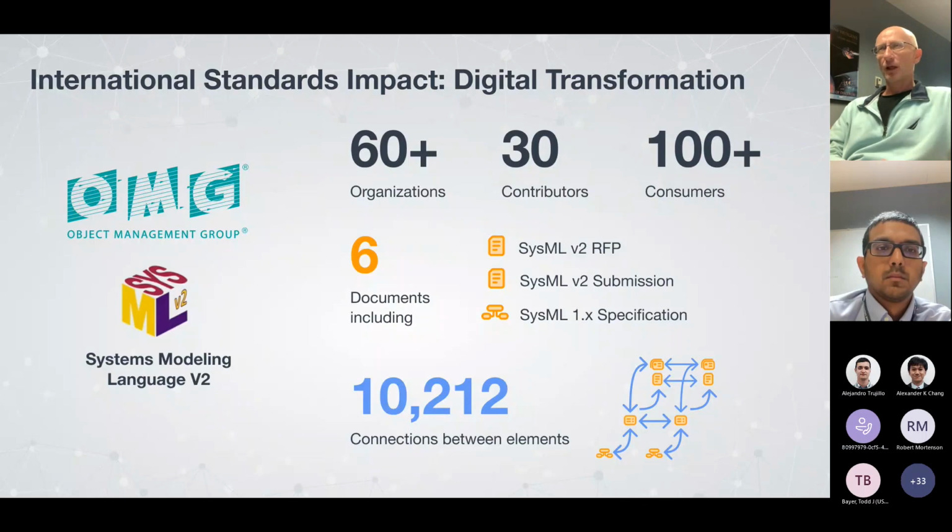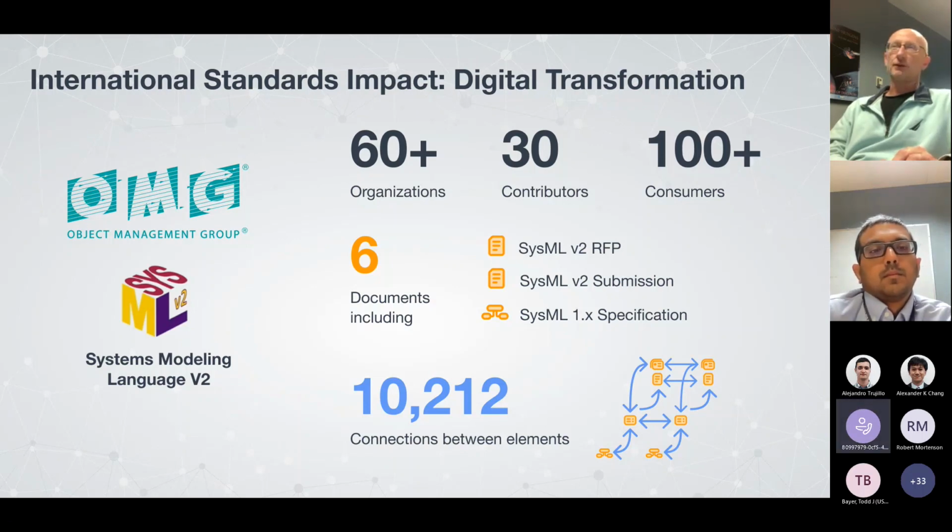Now, the interesting thing about the OMG, the standardization body that produces SysML, for example, the SysML standard and many other standards: surprisingly, for decades, the OMG people produced all these specifications, which are sometimes several hundred pages, with Visio.